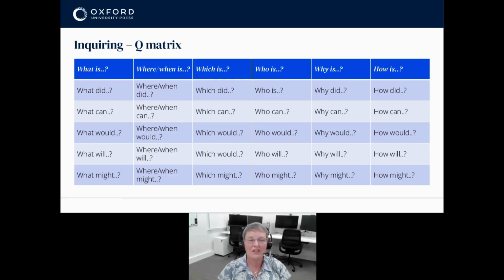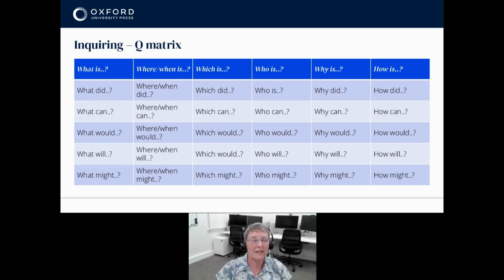When you catch yourself asking too many of these, it's time to start shifting either further to the right or further down. Going down, it's usually a fairly closed question: what did, what can. But if you go to what might happen, what will happen, that gets students thinking about possible alternatives and what sort of things could happen.